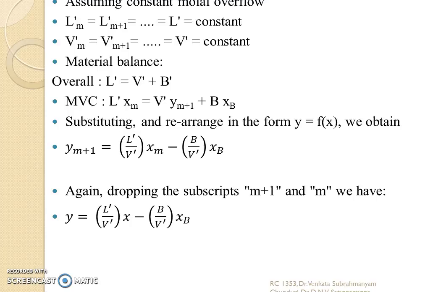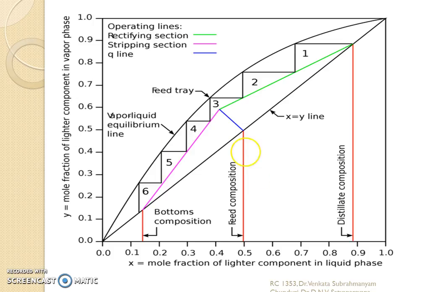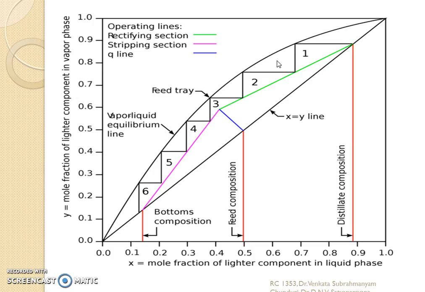Drawing the material balance again, we get the operating line Y = (L'/V') X - (B/V') XB. From this, the slope of the operating line is L'/(L'-B) and the intercept is B/(L'-B).